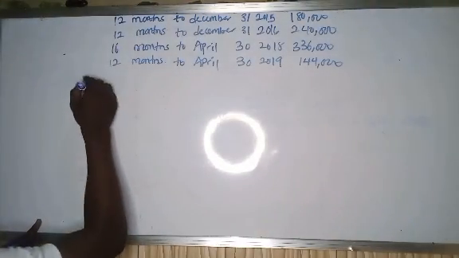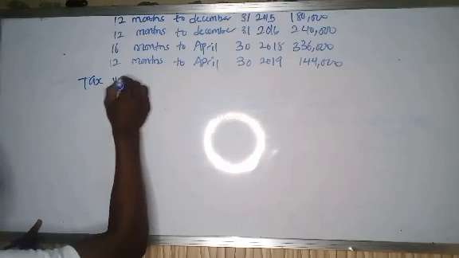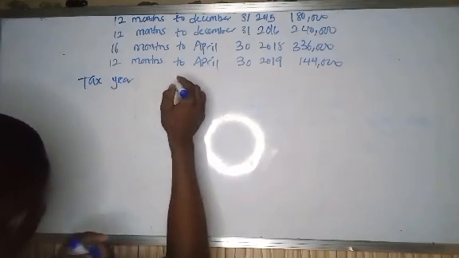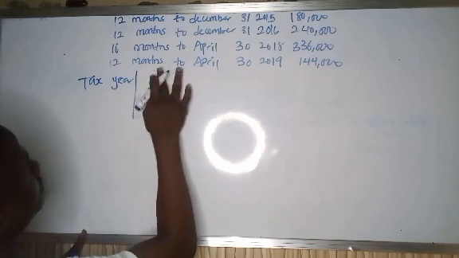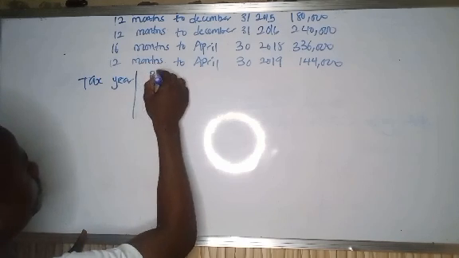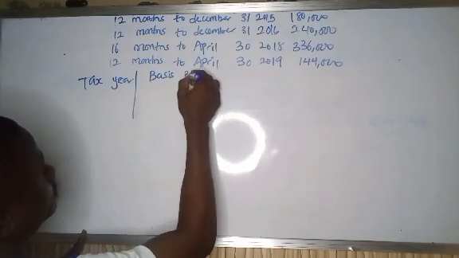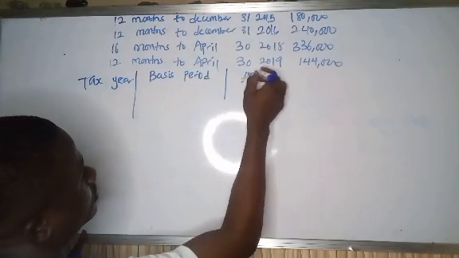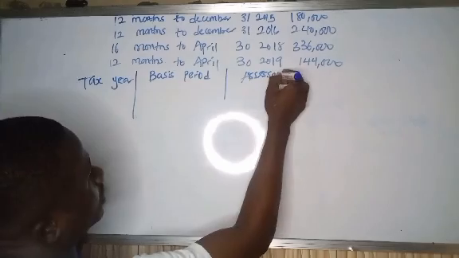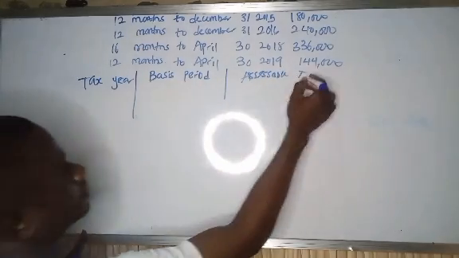We have our tax year here. We have our basis period, and we have our assessable profits.